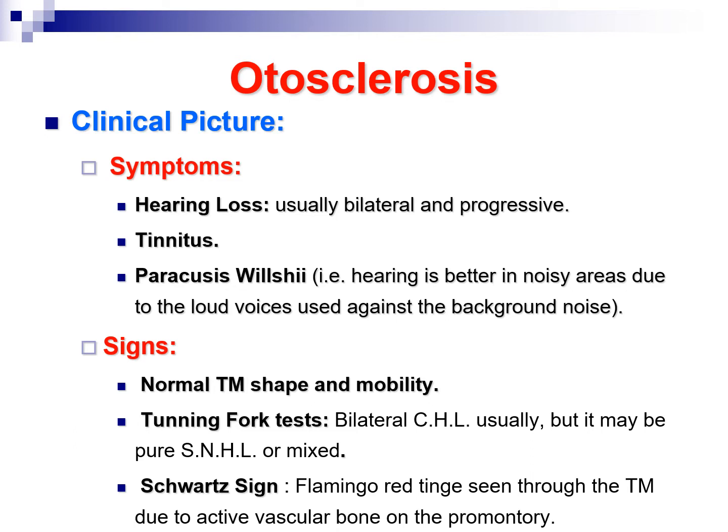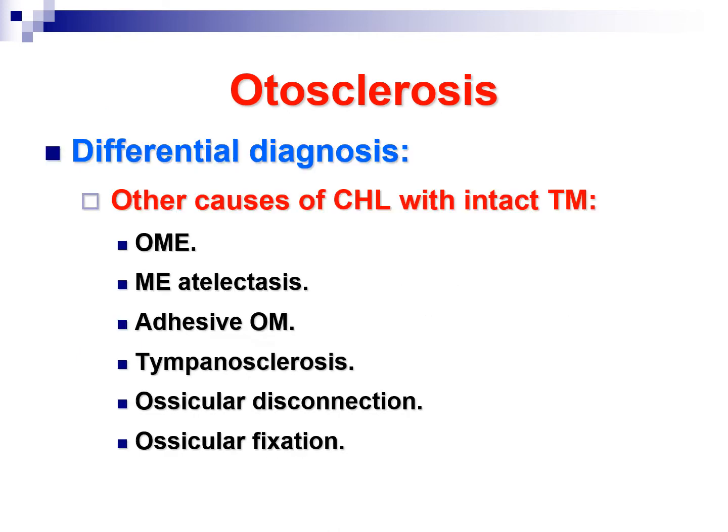In cochlear otosclerosis, the patient presents with pure sensorineural hearing loss, and in mixed otosclerosis, the patient has mixed hearing loss. Schwartze sign is one of the characteristic signs, in which there is a flamingo red tinge seen through the tympanic membrane due to an active otosclerotic focus over the promontory of the inner ear.